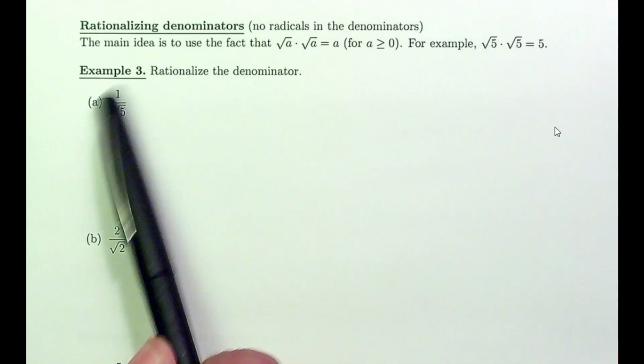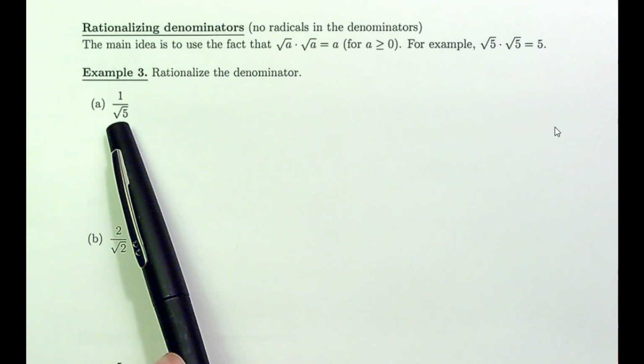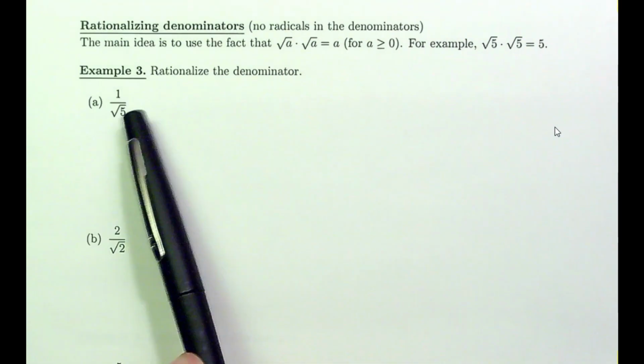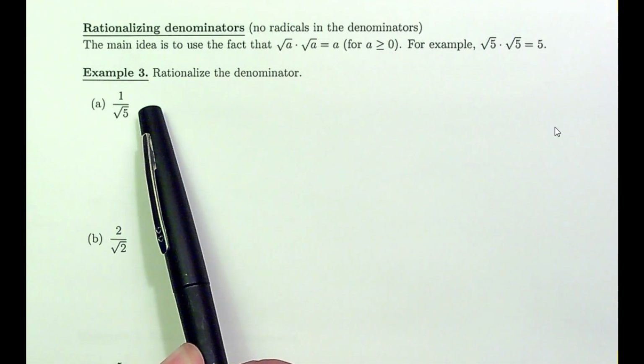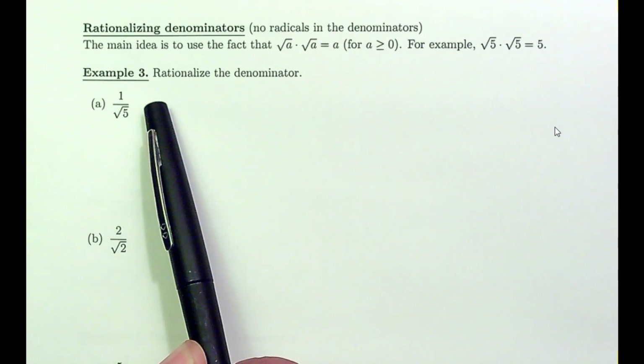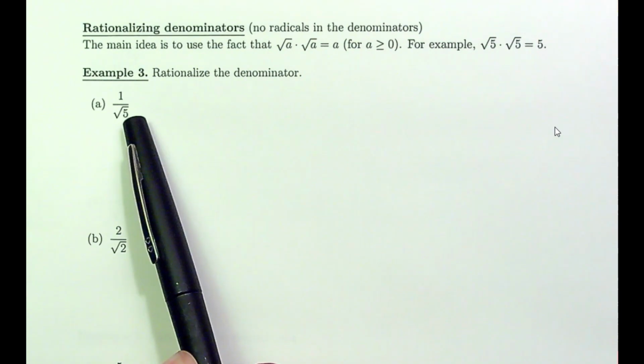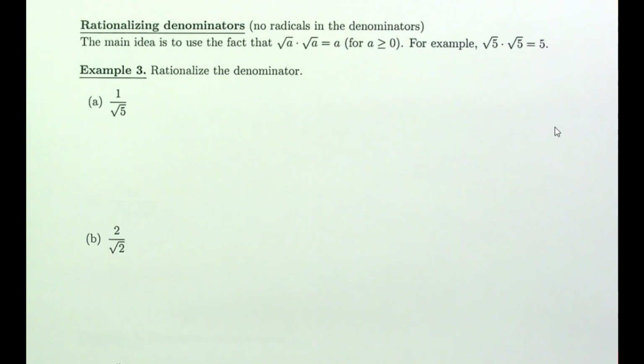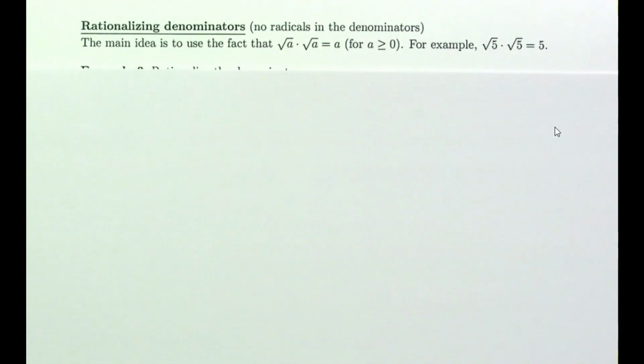Okay, so again, rationalizing the denominator means to get rid of the radicals from the denominator. So if you have an expression that has radicals on the denominator, such as one over square root of 5, it means I would like to rewrite this in another way, in such a way that there's no more square roots on the bottom. The idea for this is to use the following fact, that the square root of a number by itself, so the square root of a times the square root of a, gives you back the number.